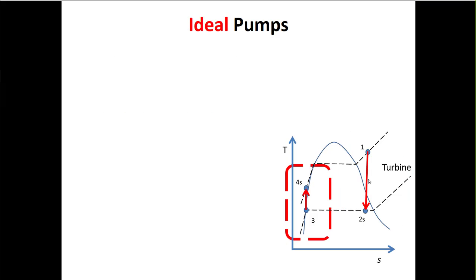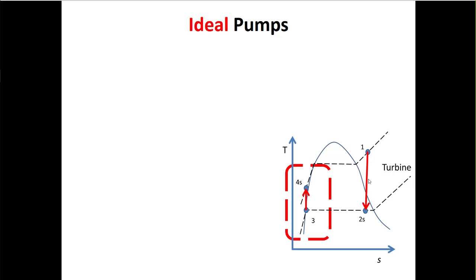For ideal pumps, we have to remember, this is one of those things that people will often forget on the exam, because in so many ways thermodynamics is like a choose your own adventure, but you've got to pick the right adventure if you want to get to the right answer.